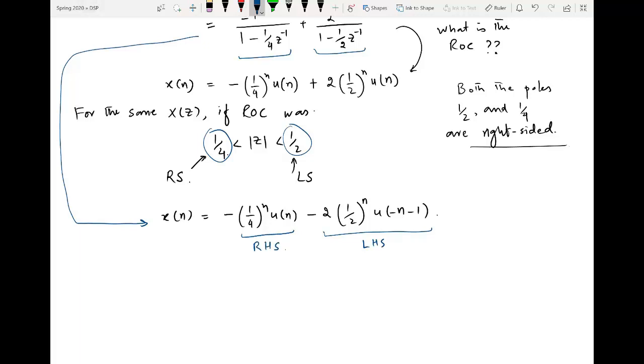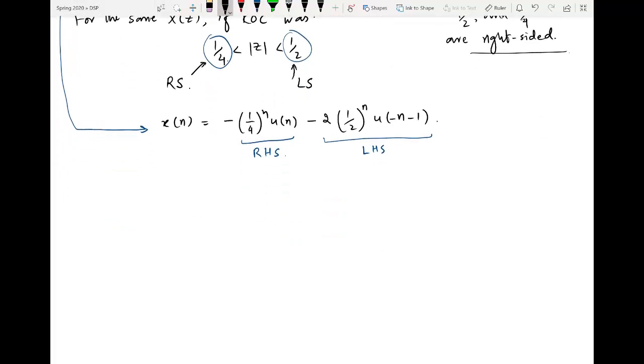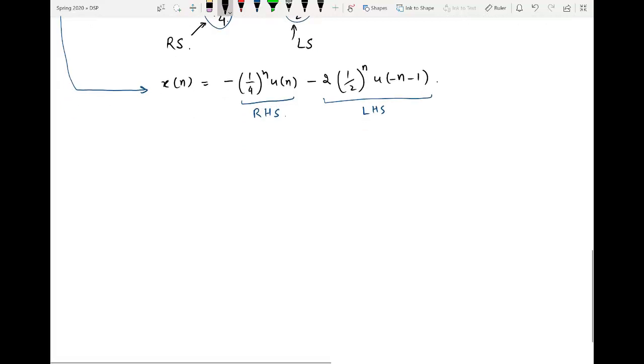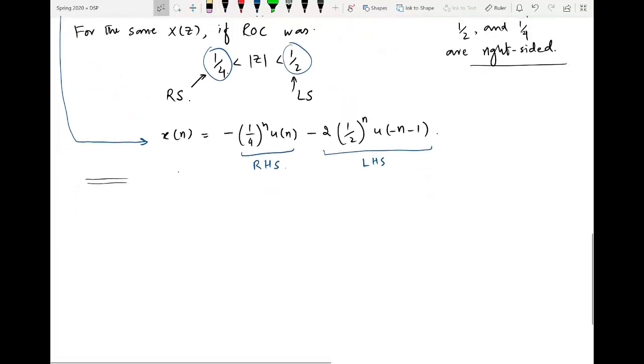So you see, depending upon the given ROC, we can end up with two different kinds of time domain sequences. That is why the knowledge of ROC is very, very important whenever we are going to find the inverse Z transform, right? So now we take another example, and the reason for describing this example I will tell you shortly.